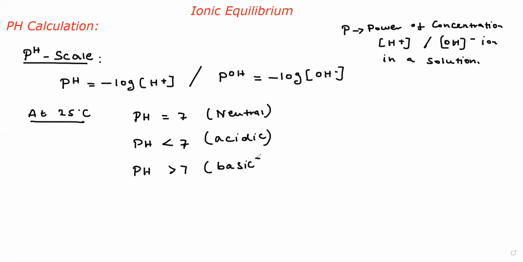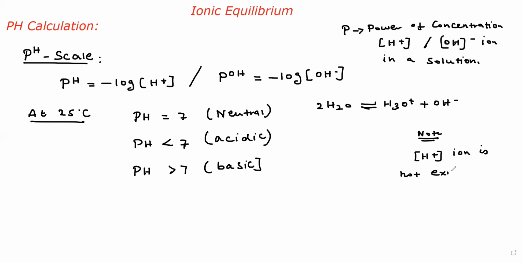Now see, in the case of the water molecule, what is going to happen? It gives H3O plus and OH minus. I take 2 moles of water. Listen, note: the H plus ion does not exist.